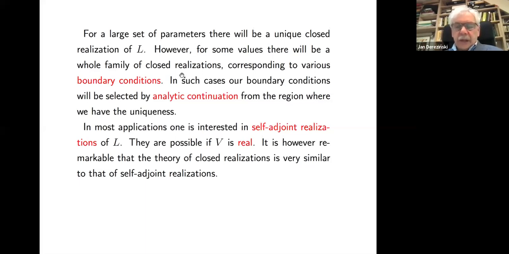Now, a typical situation will be like this. There are some parameters in the problem, and one can ask whether a given formal expression corresponds to a unique closed realization, so whether you have to set boundary conditions or not.